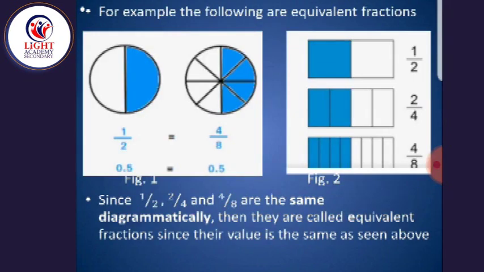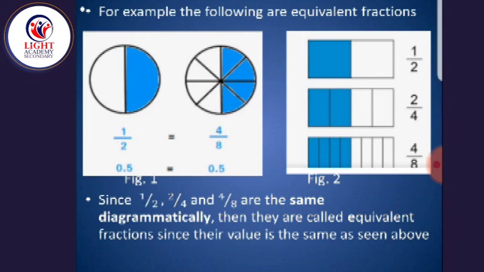In figure 1, we have a circle which is divided into halves, and therefore each part is equivalent to a half. Furthermore, we divide our circle into 8 equal parts, as you can see from the diagrams, and in so doing, we see that the former 1/2 is equivalent to 4 out of 8. Since a half and 4 out of 8 are the same, they are called equivalent fractions.